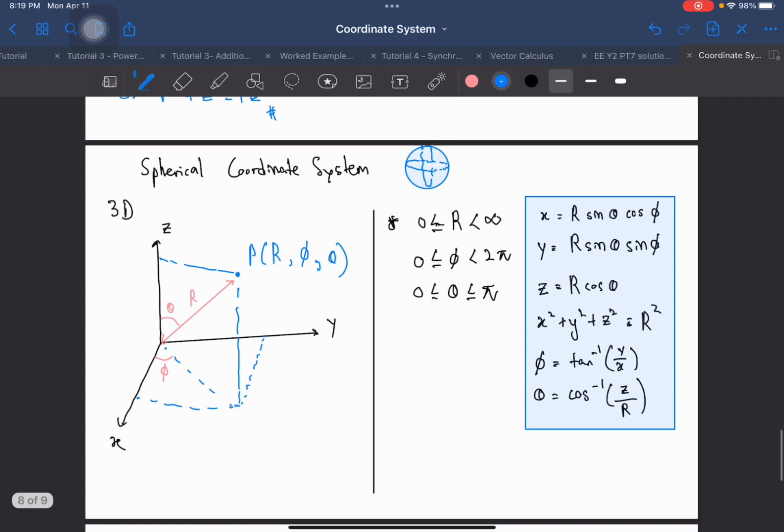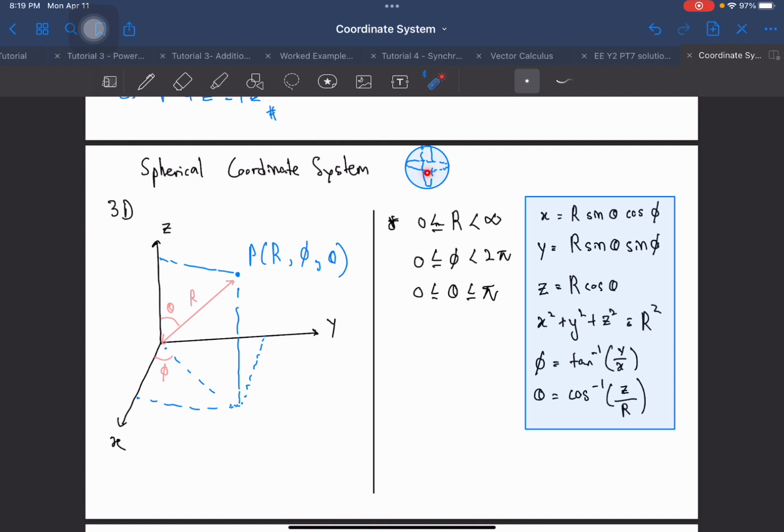Let's move on to the next one, which is the spherical coordinate system. This is the last coordinate system that we're going to talk about today. And why is it called the spherical coordinate system? Because you see here, this circle is the polar coordinate system that we talked about just now. And now since we are introducing another angle here, we get another polar coordinate system.